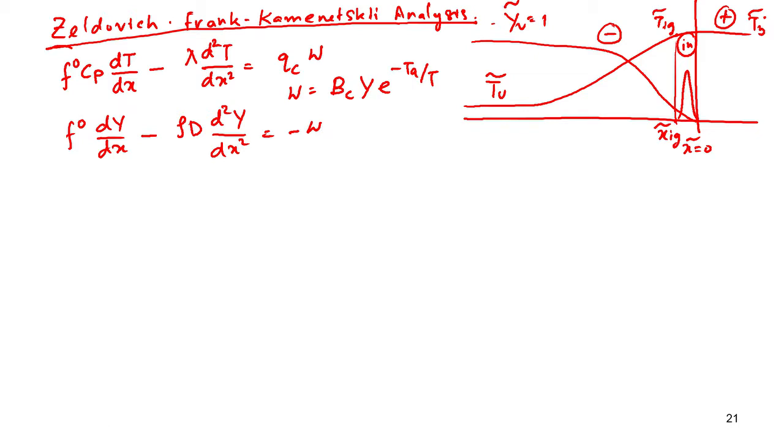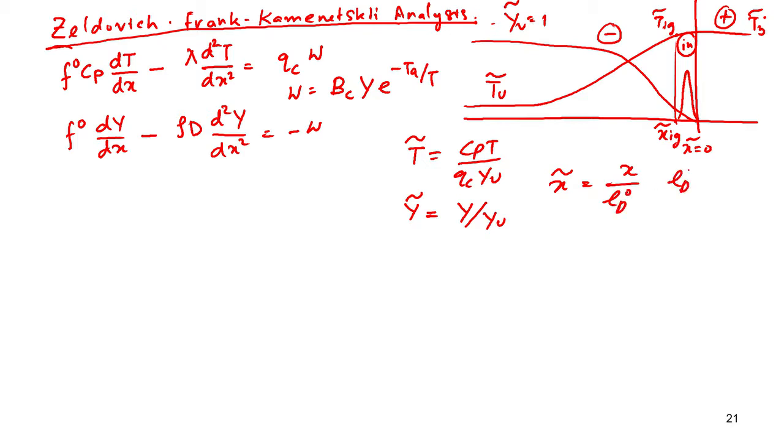Now, we normalize it by saying T tilde is equal to CP T by Q C YU. We normalize Y tilde is equal to Y by YU, and x tilde is equal to x by LD0, where LD0 is the diffusion zone thickness, lambda by Cp F0.